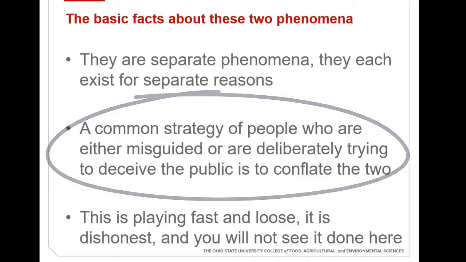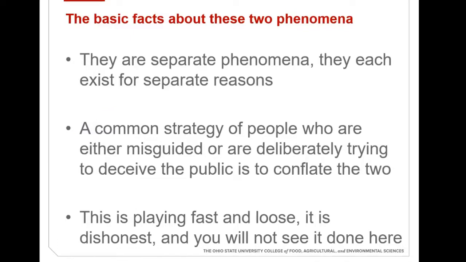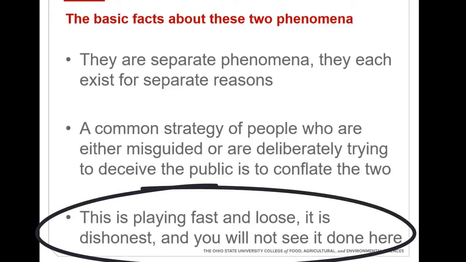Those are not related. Again, they're not related. But when you start conflating those two, you're doing what I call playing fast and loose with the data. Playing fast and loose with data is dishonest. It's inappropriate. You'll never see me do it on here.